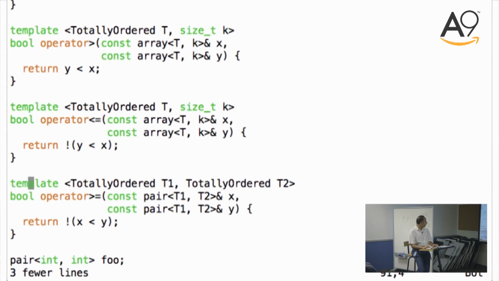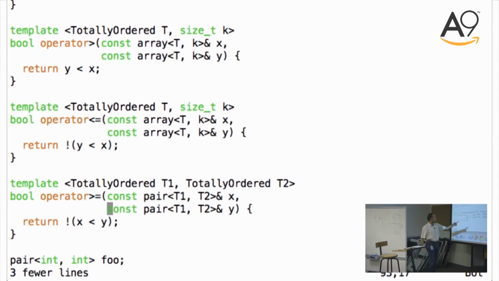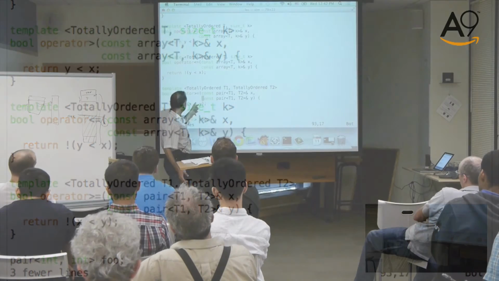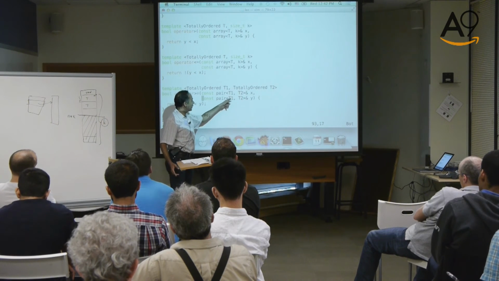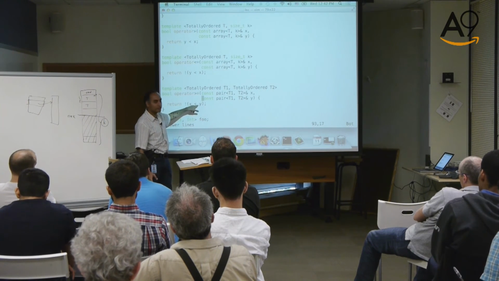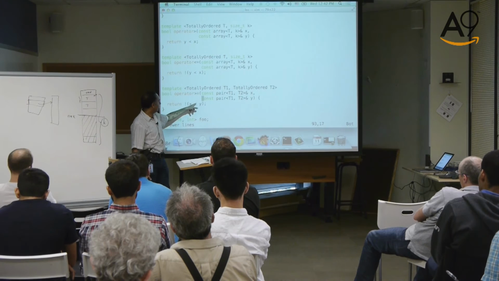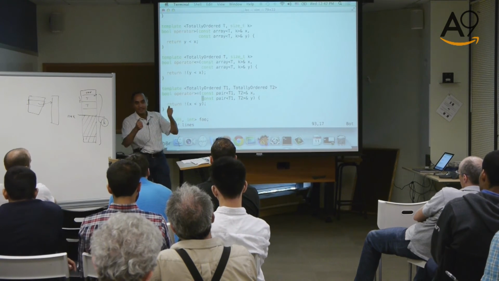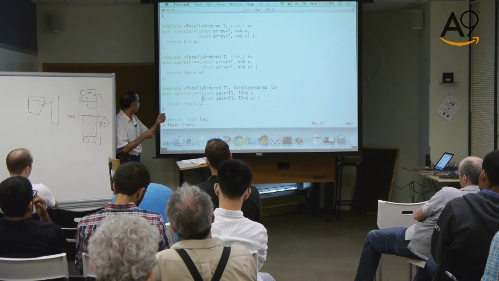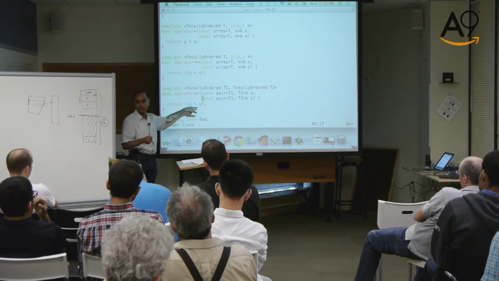No changes are required. We had a discussion about this in the last class, right? We are defining this as pair of T1, T2, pair of T2, T1, and then we are doing that, right? But in reality, if less than is defined for any totally ordered type, this is the definition of greater than or equal.